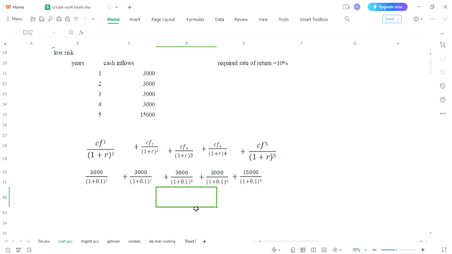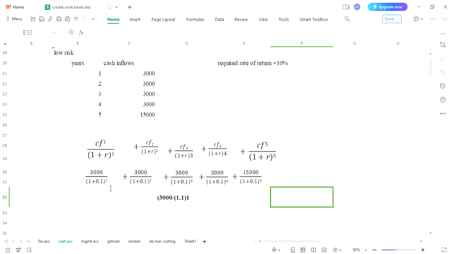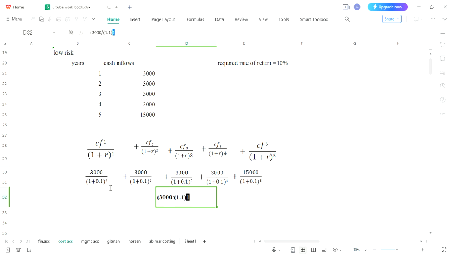You will open your bracket on your calculator, will write 3000 and then divide it again with starting bracket 1 plus 0.1, that means 1.1, and then you will close your bracket. Here you will put your raised to power, that is 1, choose 1, and you will make it your raised to power, just choosing 1, and we are making it superscript.